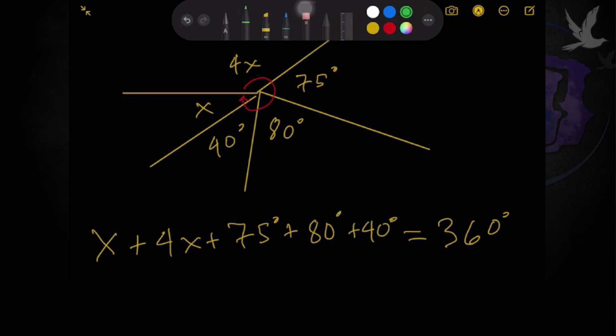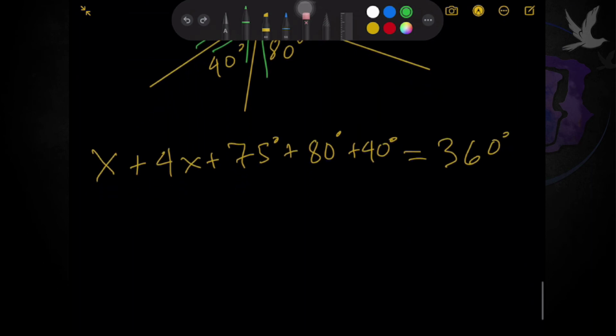So, again, you have your angle x here, your angle 4x, your 75, your 80, and your 40. Okay, nandyan yan lahat. And since all these angles form a full circle, you equate it to 360. Kanina straight line lang, kaya 180 lang. So, same lang, same logic, same process talaga.